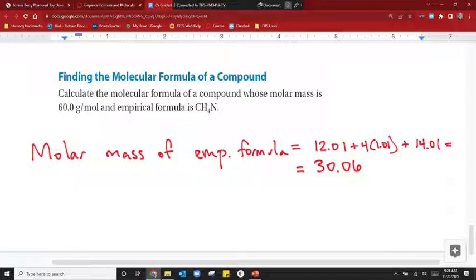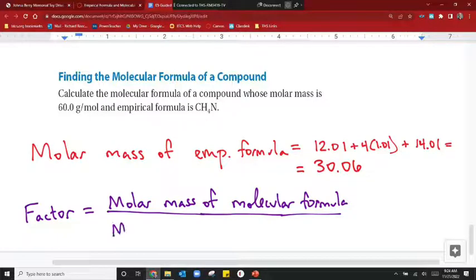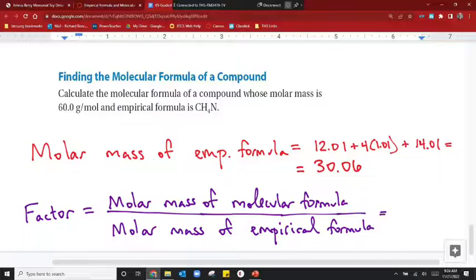To find the thing that I call the molecular factor, you're just going to divide the molecular molar mass, which is given to us, over the molar mass of the empirical formula. And it's going to be a simple whole number. In this case, it's 60 over 30.